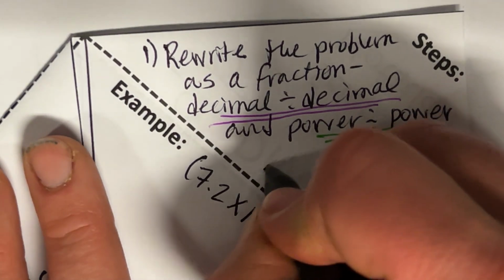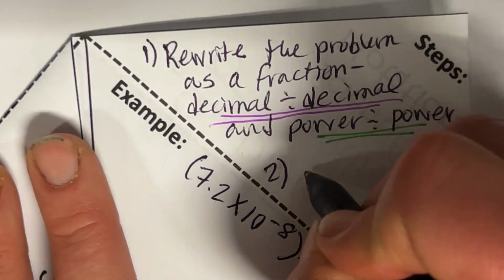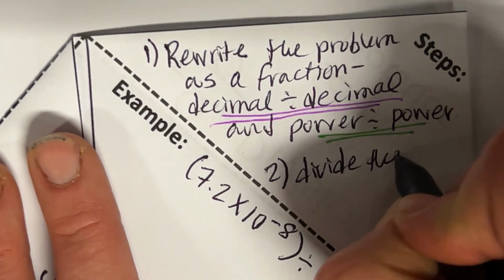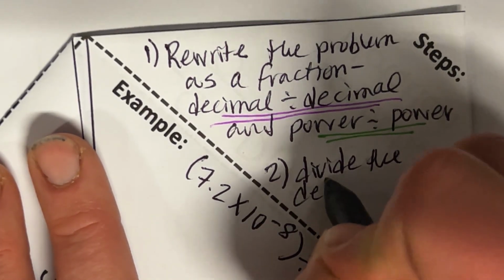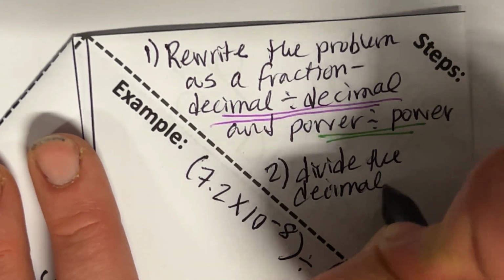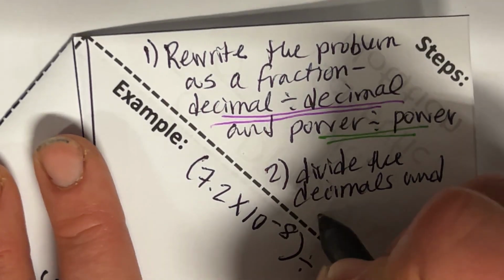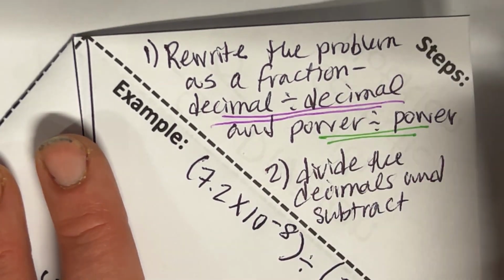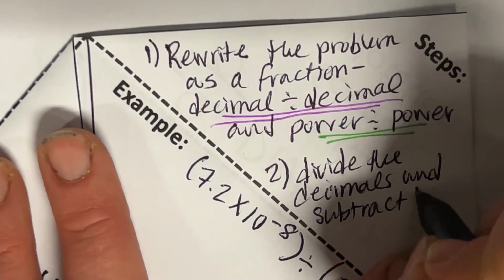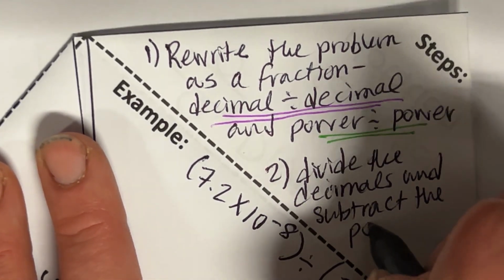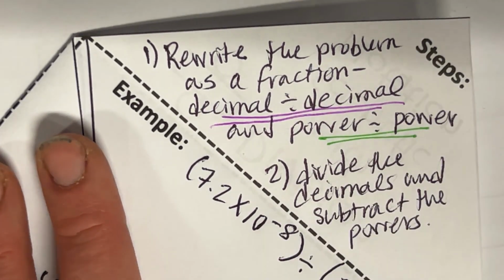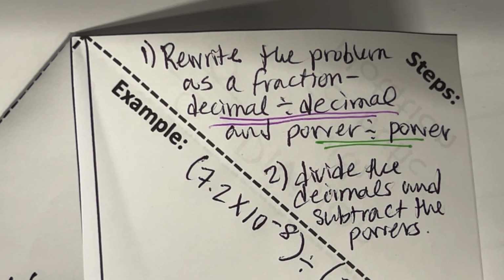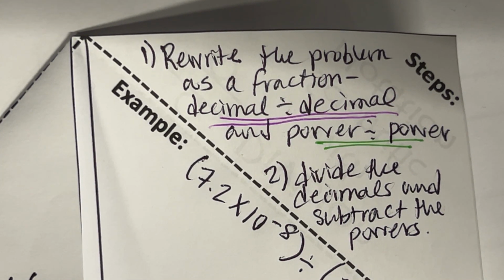Step number 2, divide the decimals and subtract the powers. There's some vacuuming going on behind me, so I'm sorry about that if it's loud. I'm going to show that math work as well when we go through it with the same color coding.